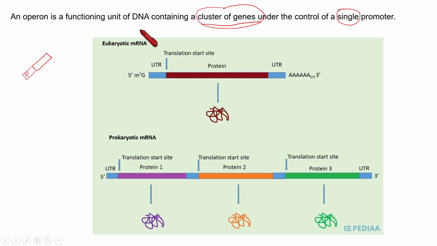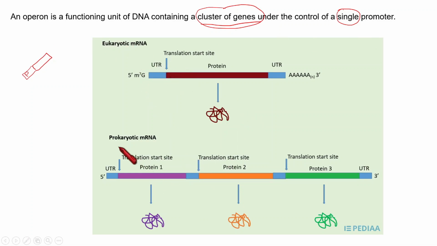And in the case of prokaryotes, a group of genes are there, and that cluster of genes will be under the control of a single promoter. Such type of functional units are called operon. Is it clear? So this is the prokaryotic mRNA, this is eukaryotic mRNA.